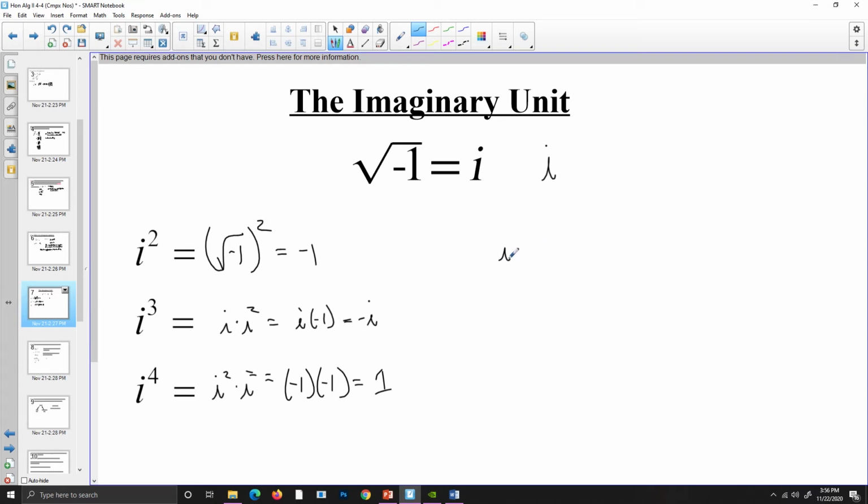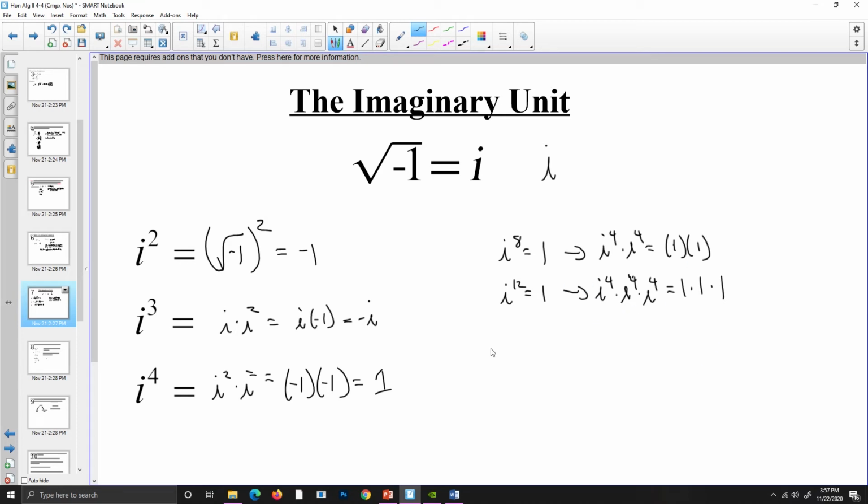So i to the 8th is going to be equal to 1. i to the 12th will be equal to 1, because this is i to the 4th times i to the 4th, which would be 1 times 1. And this one would be i to the 4th times i to the 4th times i to the 4th to get my 12. That would be 1 times 1 times 1.